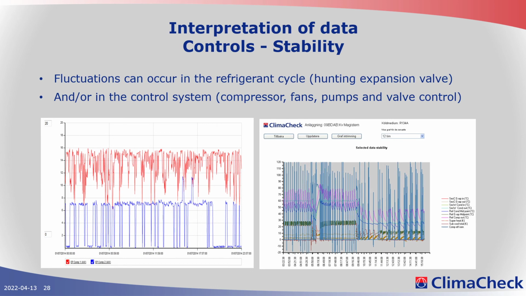And then next case, of course, when you have fluctuation in capacity, what is triggering this? It could be a three-way valve on an air handling unit that is sending pulses on your chilled water, causing the pressure and the capacity to go up and down.